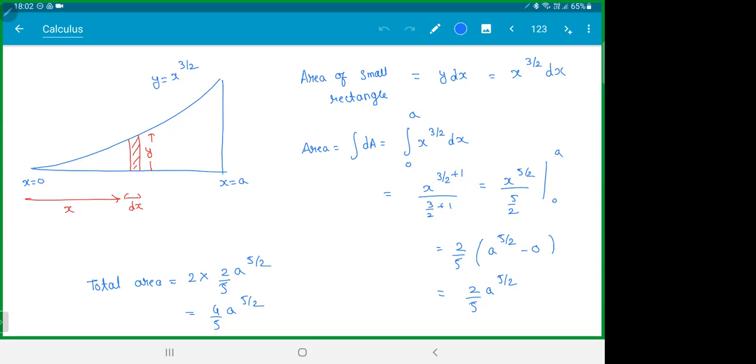Okay. So the last thing we were doing was areas and volumes.